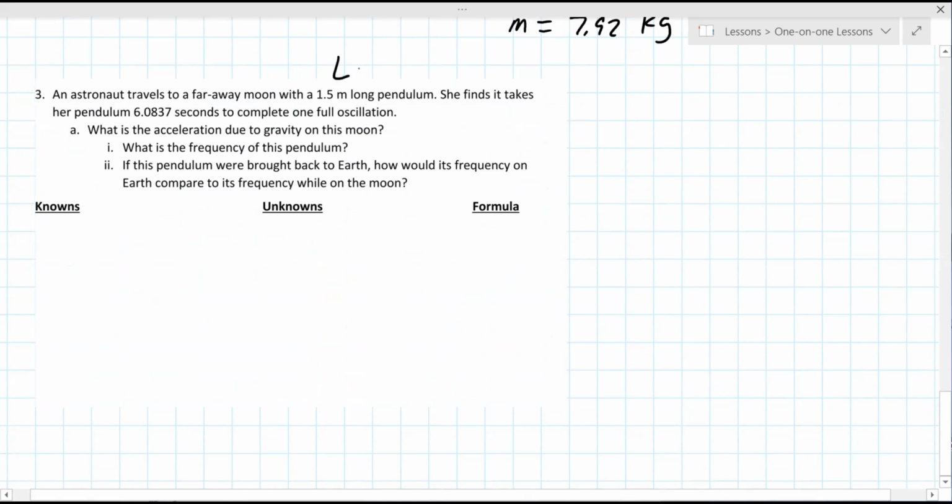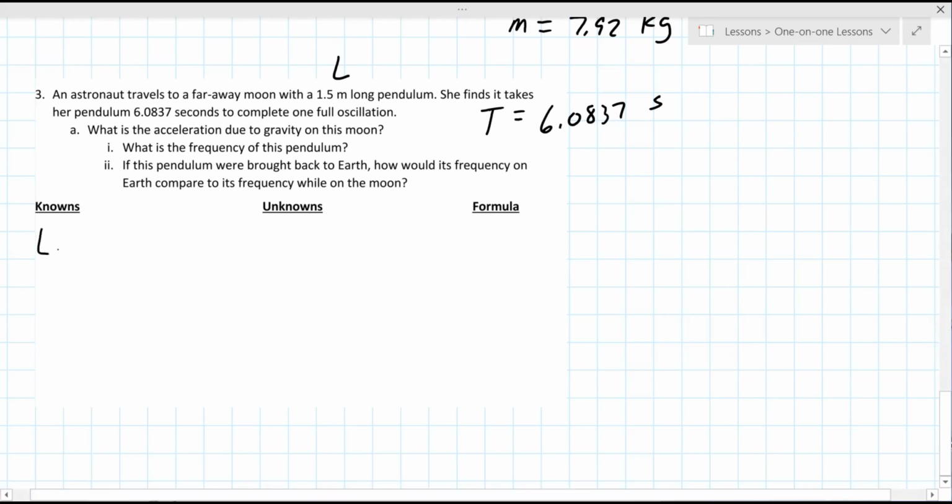She finds it takes 6.0837 seconds to complete one full oscillation. So that's the period. The period is 6.0837 seconds. What is the acceleration due to gravity on this moon?